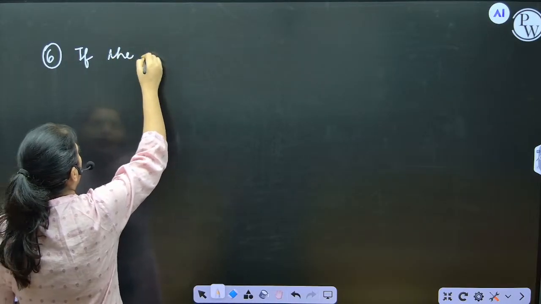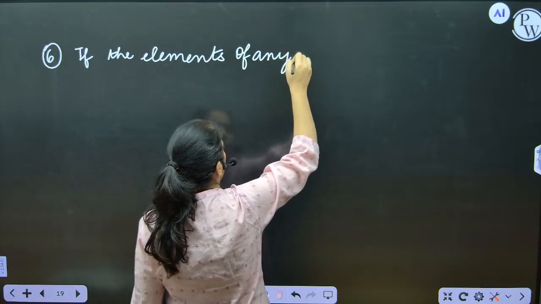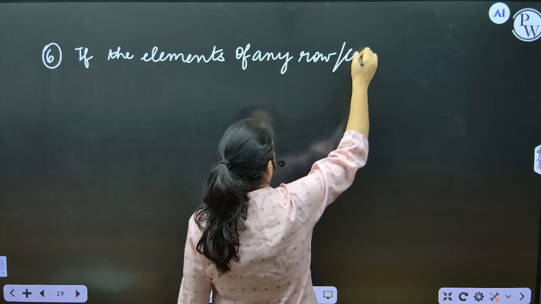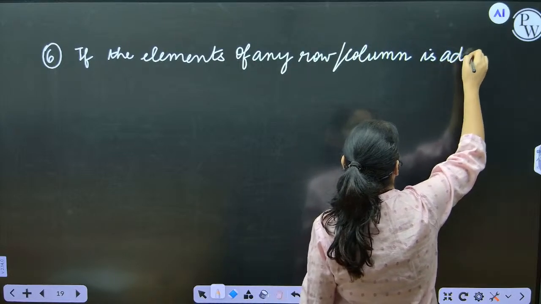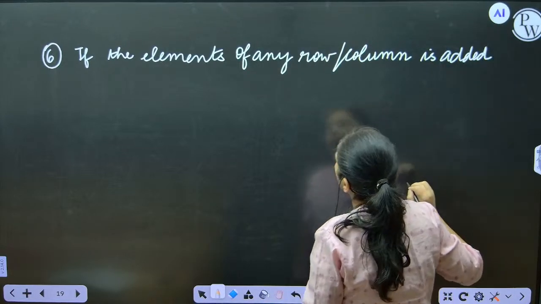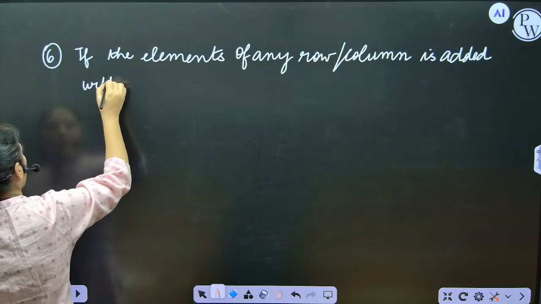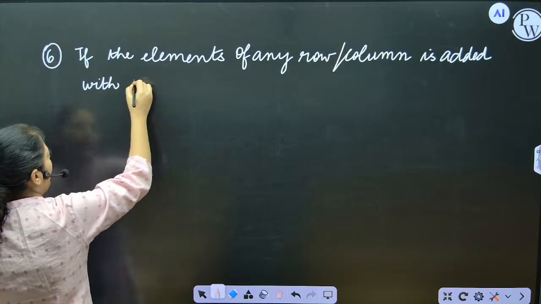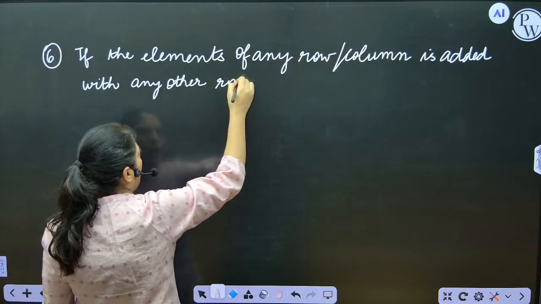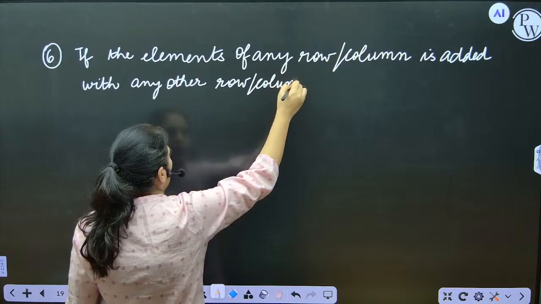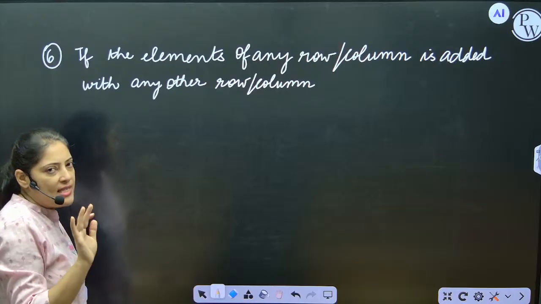If the elements of any row or column is added with any other row or column, then the value of the determinant remains the same.